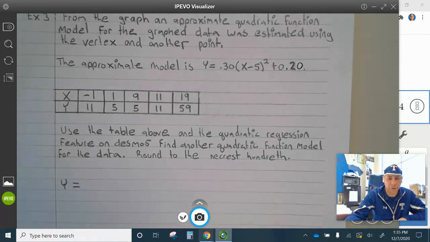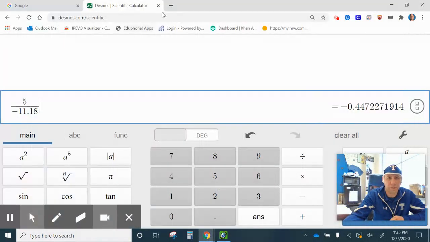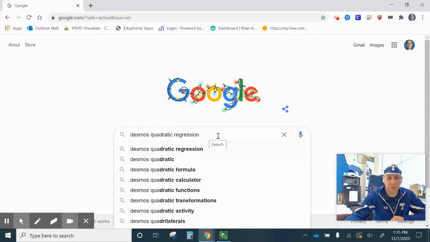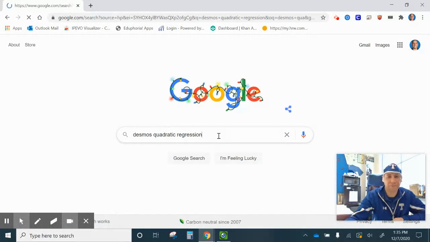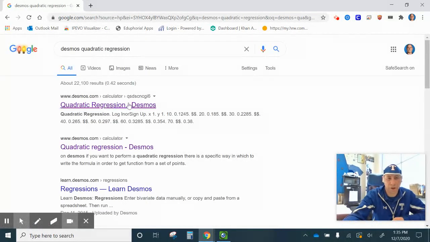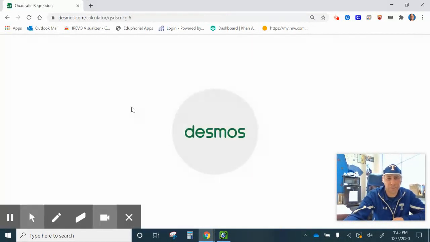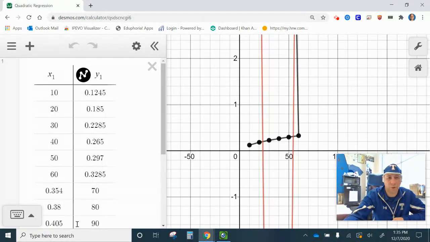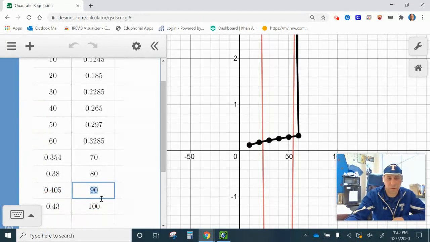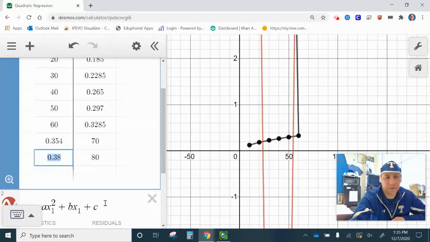Okay, so this is where the steps from your notes come into play. We're going to go to Google, Desmos quadratic regression. We're going to click on Quadratic Regression Desmos, and delete all these.